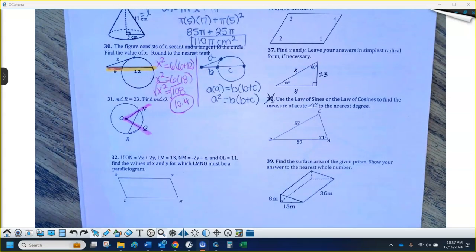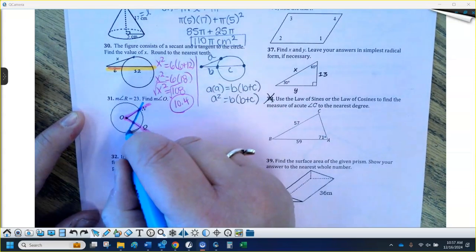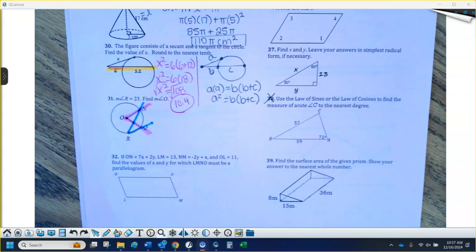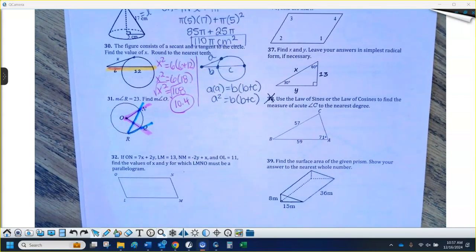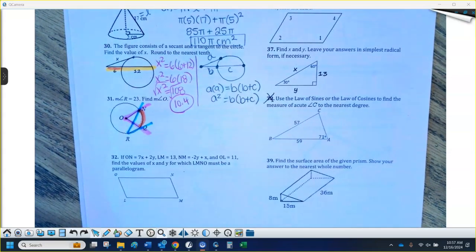The other angle, which they're going to give me information about, is angle R. If you notice, both of those angles intercept the circle in the points N and Q. But there's a different relationship between these two angles and the arc. The arc they both run into goes from N to Q.